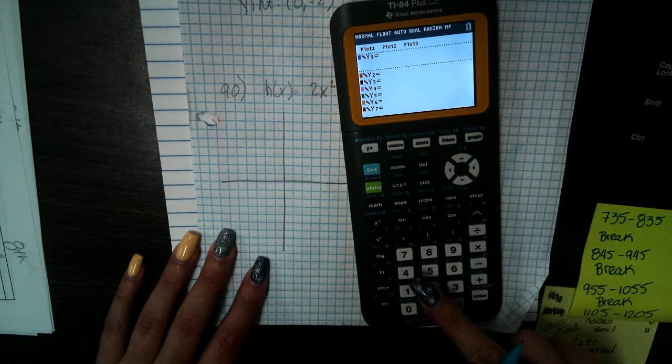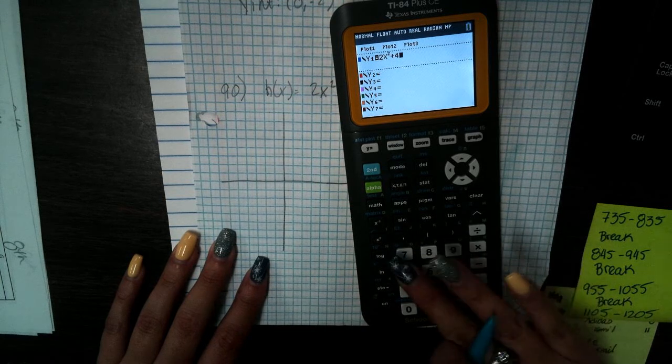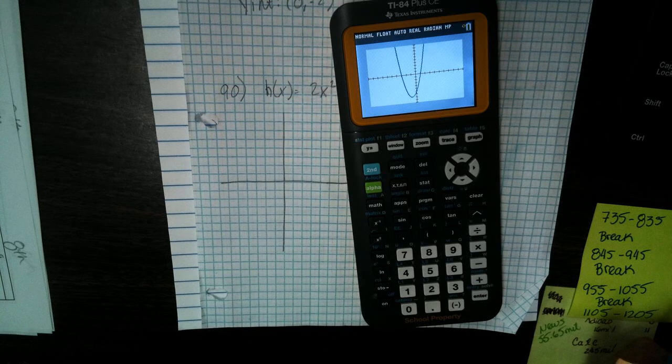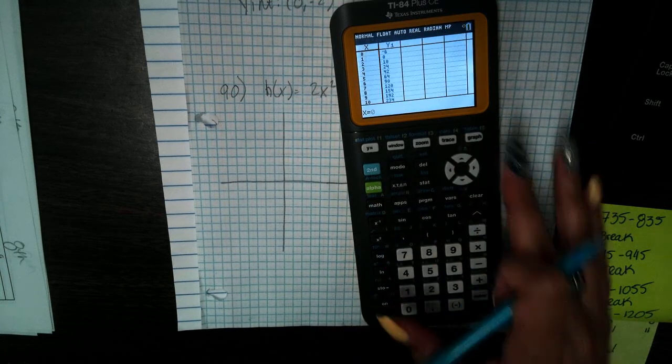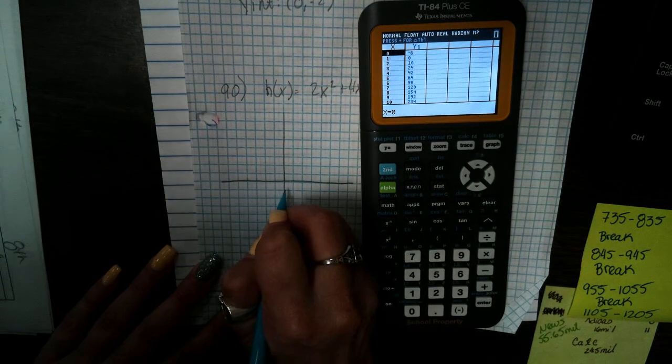So then y equals 2x squared plus 4x minus 6. So it's a quadratic, so it should be a parabola, so it looks good. We got our nice U-shaped, and it's going up. So second table, I'm going to let that help me plot my points so I do it accurately. So 0, negative 6.